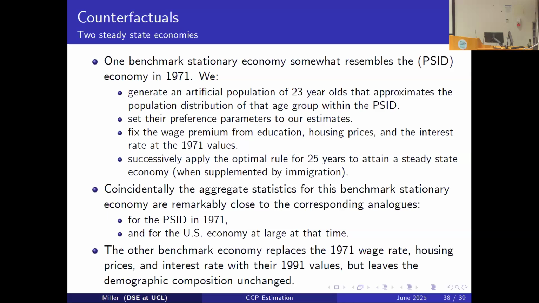Then we just went ahead and asked what happens if you apply the optimal rule for 25 years. So we solved it, okay? Go from there. And actually, the aggregate statistics for that benchmark stationary economy are very close to the US economy. And then we said, well, start out with a benchmark economy at 1991 values. Go from there.